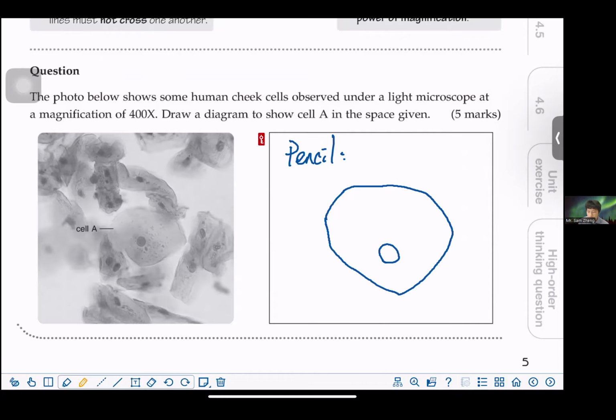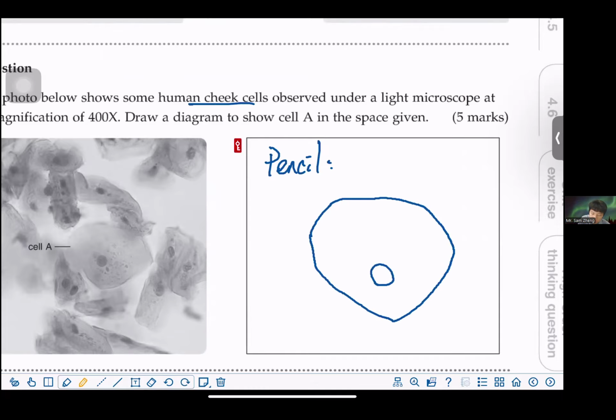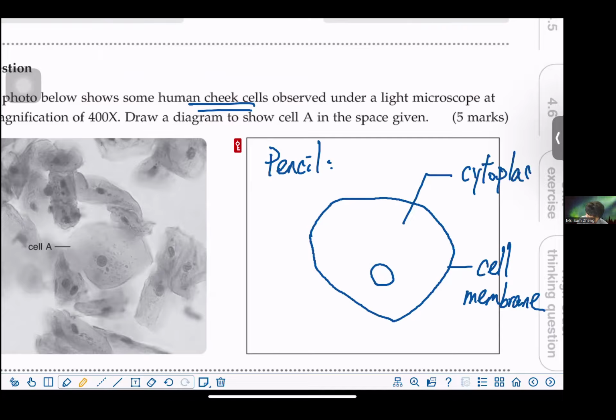We can see that it is a human cheek cell, so it is an animal cell and does not have any cell wall. So it would be the cell membrane. Next, the part in between the cell is the cytoplasm. And last, the circle is the nucleus.